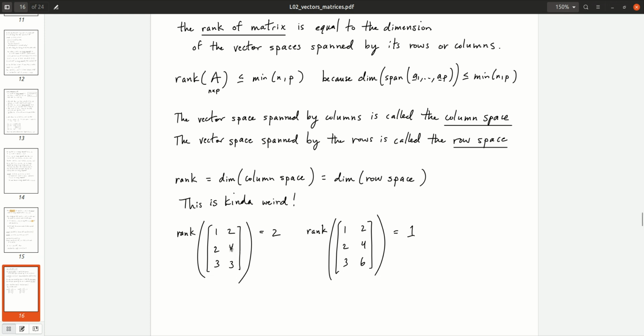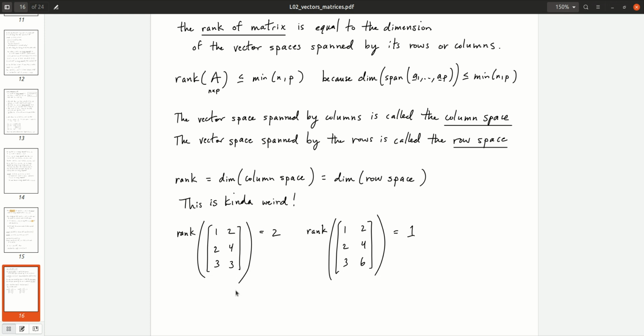In the second column, the second entry is twice the first, but the third entry is not 3 times the first. Therefore, you can't write the second column as a multiple of the first column, so the first column is linearly independent of the second column, and the dimension of the space spanned by those two vectors is 2. Therefore, the rank is 2.